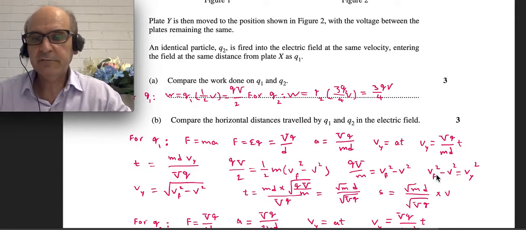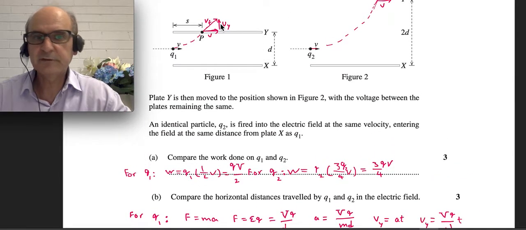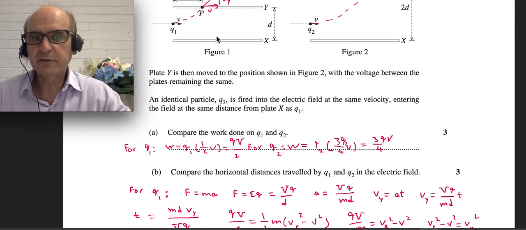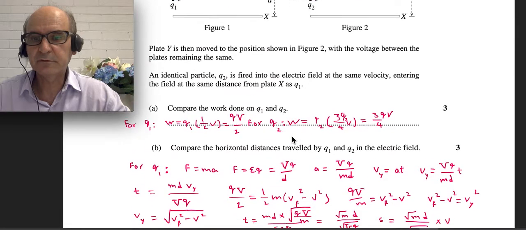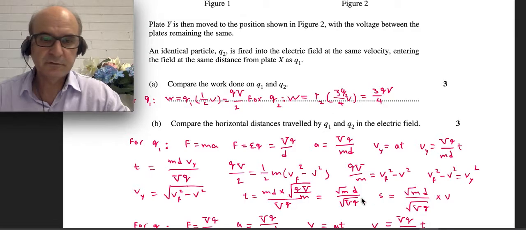On the other hand, Vf squared minus V squared is Vy squared. You can see from here, we have a right angle triangle, so Vf squared minus Vy squared is equal to V squared. Or Vf squared minus V squared is Vy squared. And Vy becomes square root of Vf squared minus V squared.